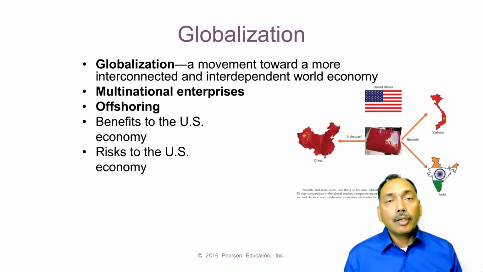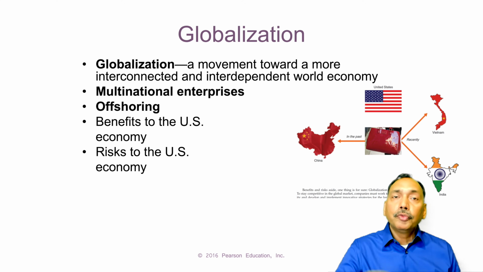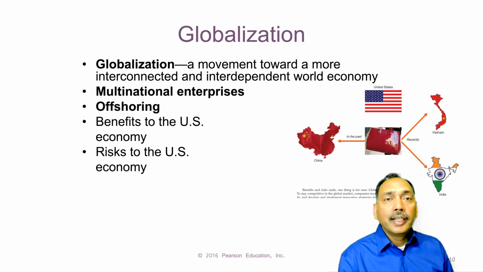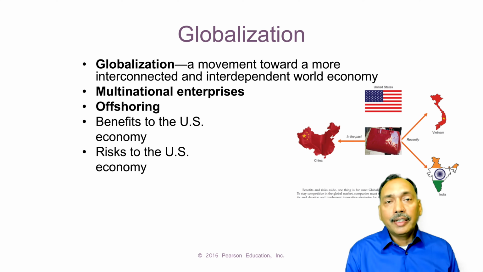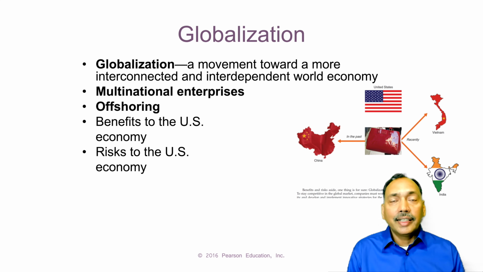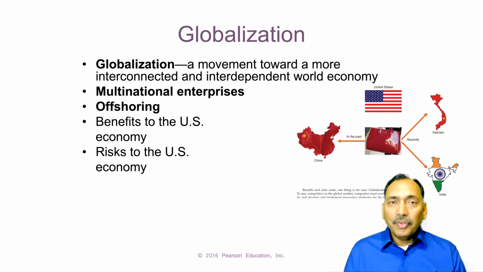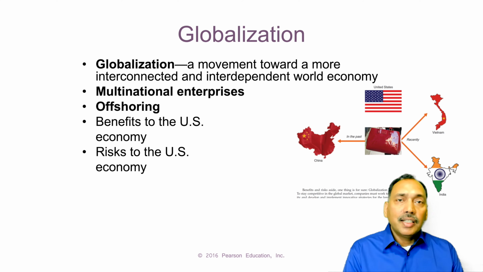You must have heard that a lot of manufacturing that used to occur in the US has moved to China or Mexico or India because labor is less expensive there and they can get the work done at a lower cost.